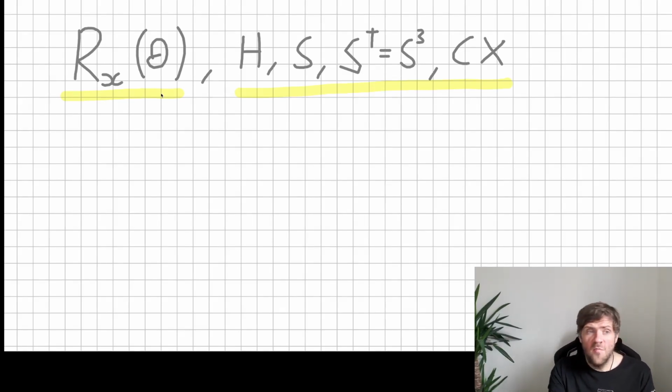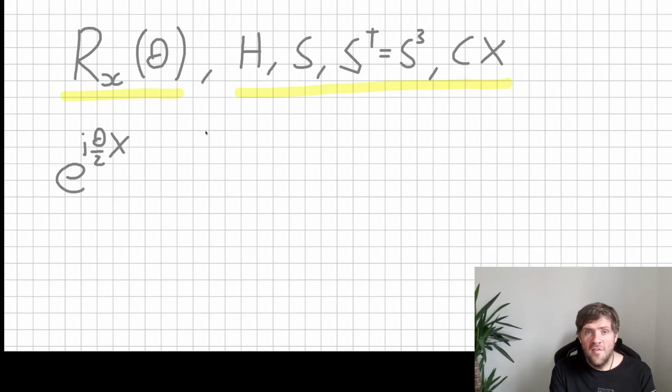And the first step towards everything is to note that the Rx can be expressed as e to the i theta over 2 X, and by using the single-qubit Cliffords, we can transform this into e to the i theta over 2 Y, or e to the i theta over 2 Z, or e to the minus i theta over 2 X, and so on and so forth.